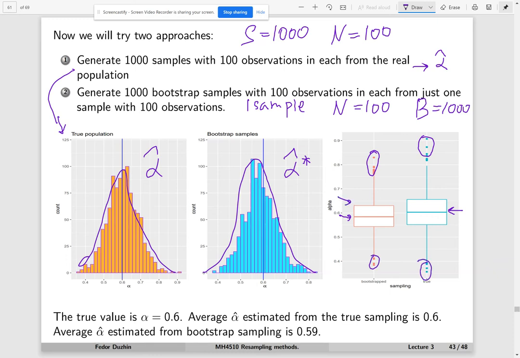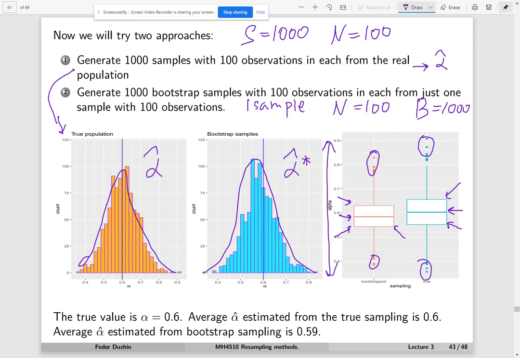This is the third quartile. This is the first quartile. They're surely different, but not too much different. And also, we see how much it varies, and we see that the bootstrap estimate for alpha hat varies less. Its variance is probably smaller, but it's not really too big of a difference.